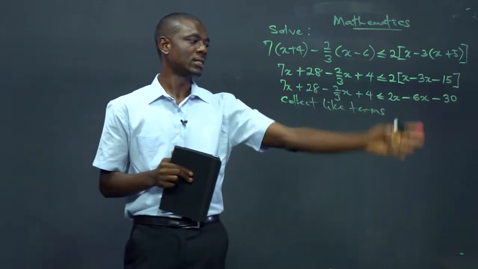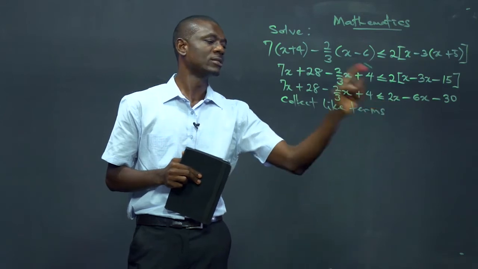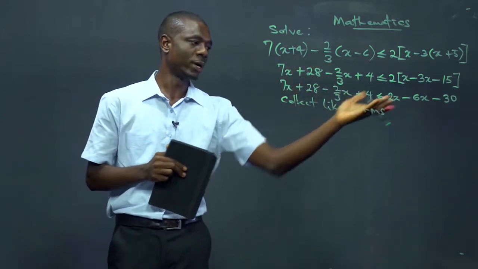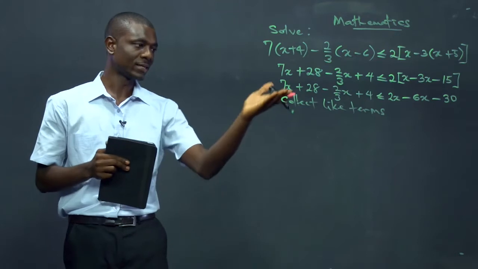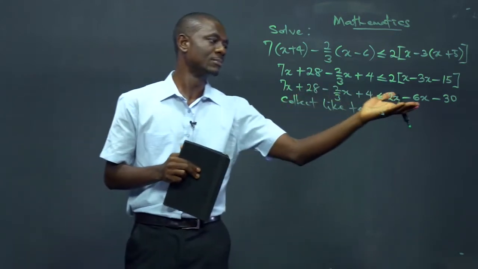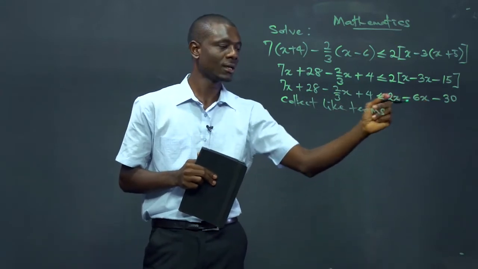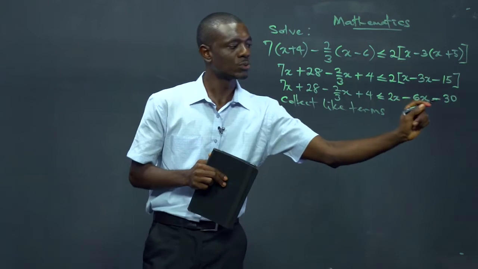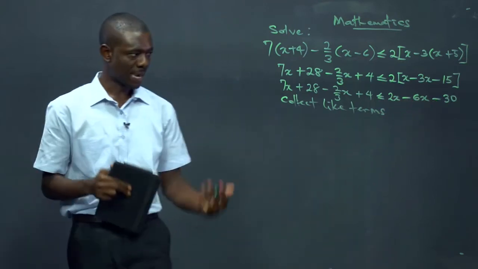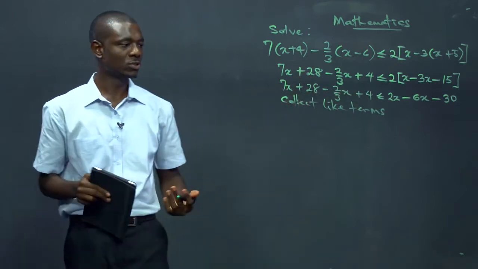Let's move to this other side. We have 2x here. We have the variable x. So it's a like term to 7x and minus 2 over 3x. We also have the term 6x, not just 6x, but minus 6x, because this sign belongs to it. So these are all like terms. We will try to bring them together.